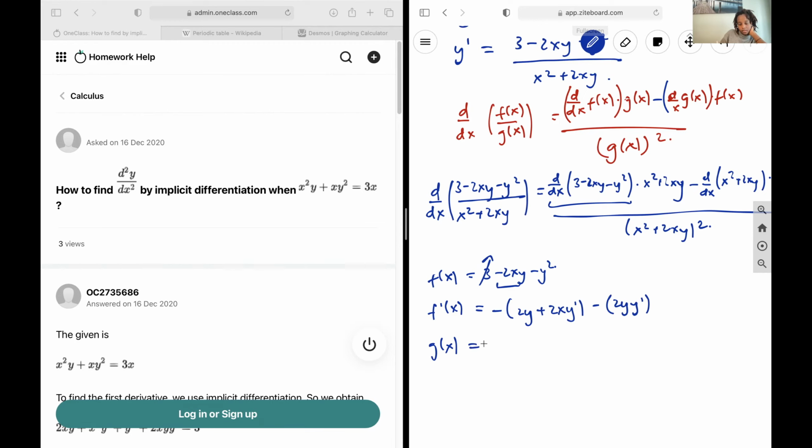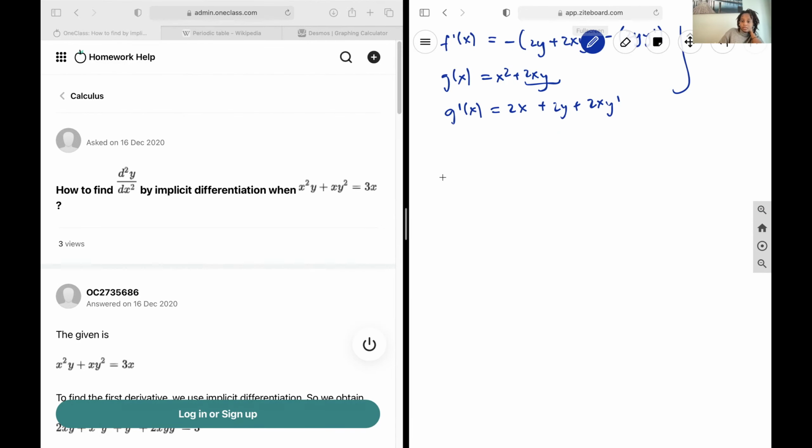Now with g of x equal to x squared plus 2xy, our derivative will become 2x plus, and then again we're going to apply what we know about the product rule. So this will become 2y plus 2xy prime. And so now we're just going to put that all back into our formula up here.